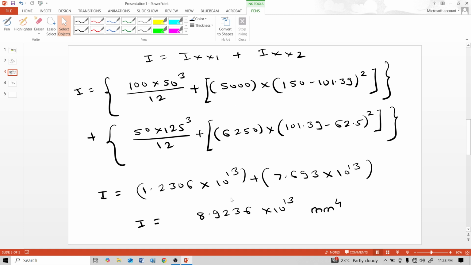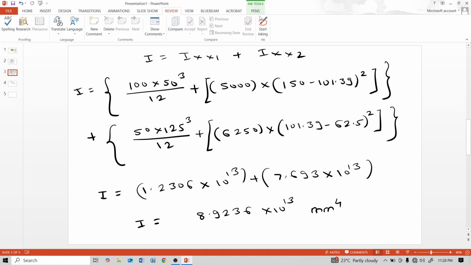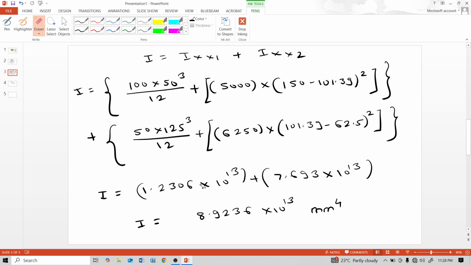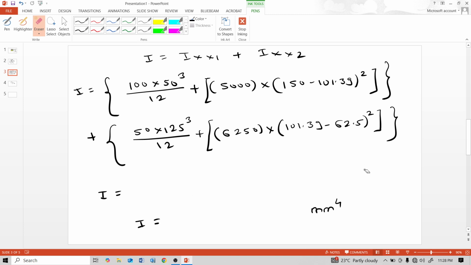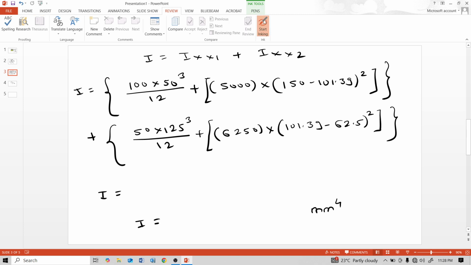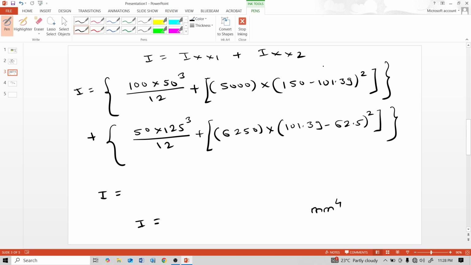So calculate this moment of inertia term again, because there is something wrong in this calculation. Calculate it again: 150 minus 101.39 squared, multiplied by 5000, plus, here a plus sign.